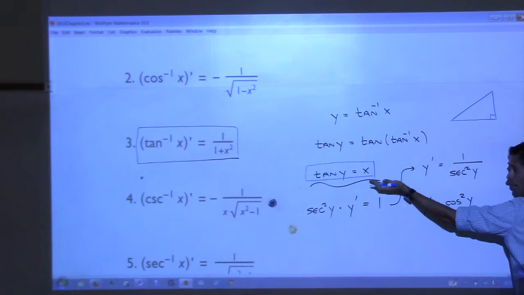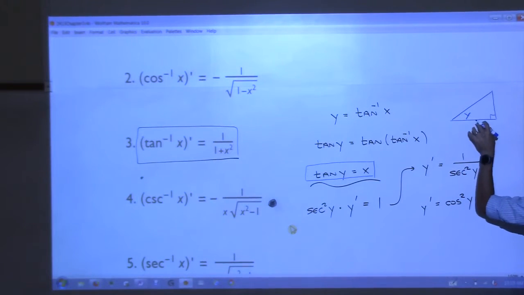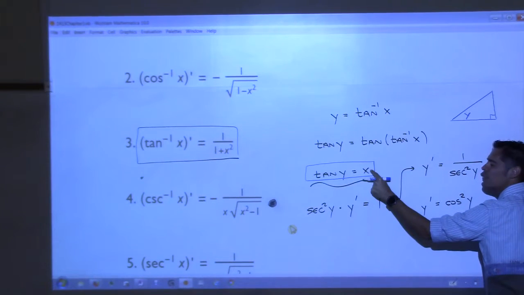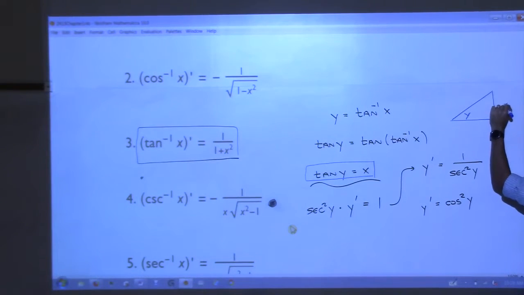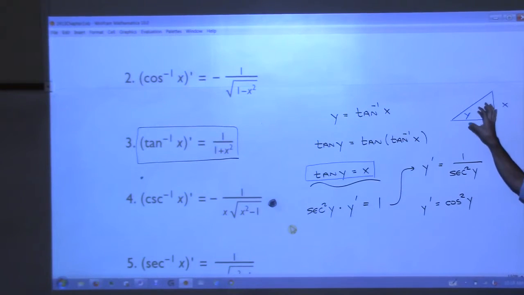The angle is y, right? So if I put y here, then if I want this triangle to match this equation, tangent is opposite over adjacent, isn't it? So if I label this as x and I label this as 1, then x over 1 is x, right? So this triangle matches that equation. Agreed? We call this a reference triangle.